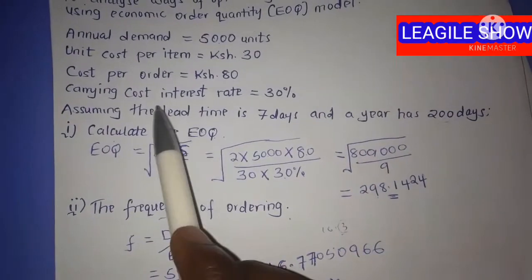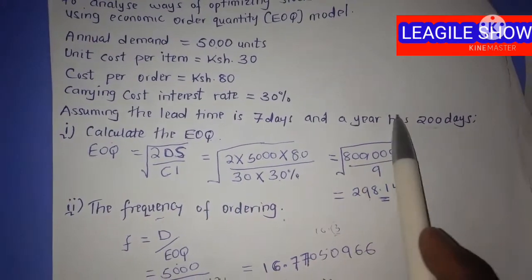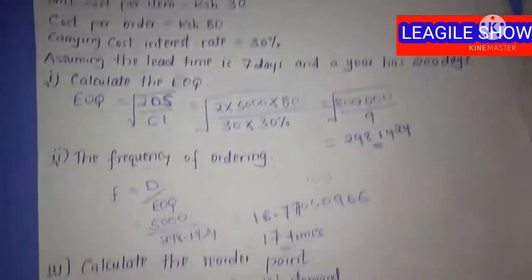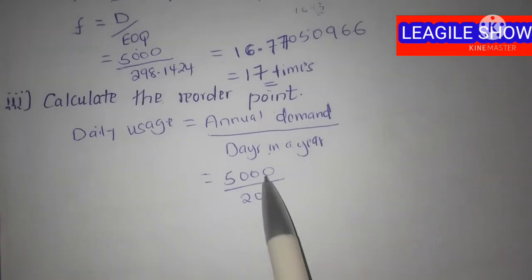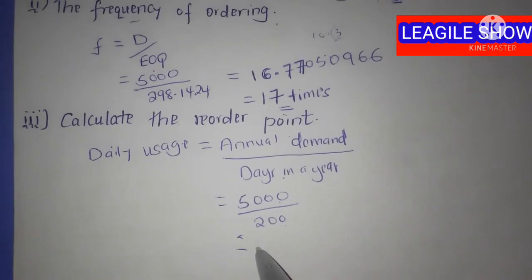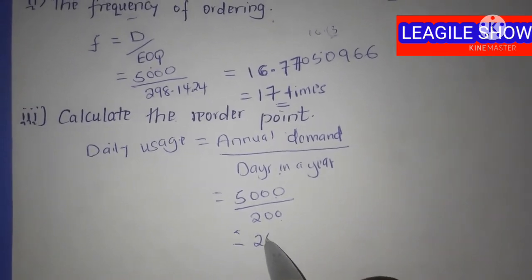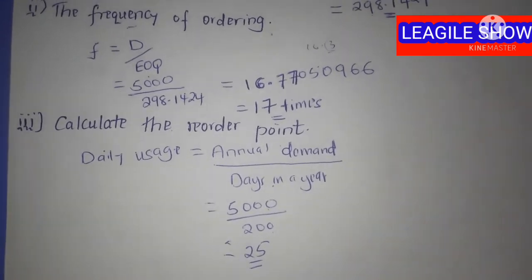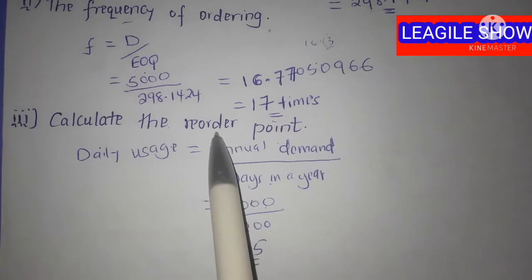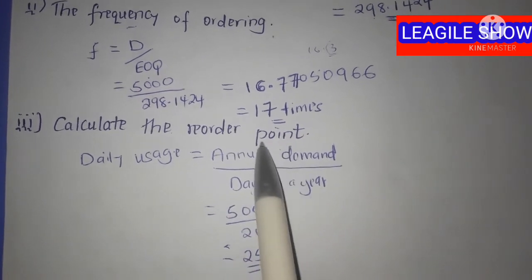We are told assuming the lead time is 7 days and the year has 200 days. So our daily usage will be 5,000 divided by 200, which gives us 25 units of daily usage. But the question wants us to calculate the reorder point.